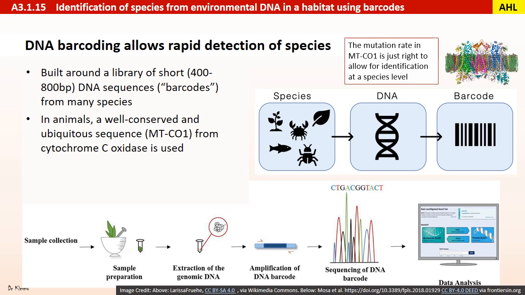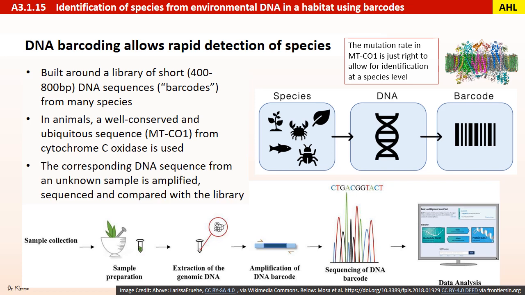It is important that it's very similar in all species because that allows us to find the sequence in any sample. So we have primers which bind to the sequence, and then we amplify this sequence. We make a lot of copies of this sequence.